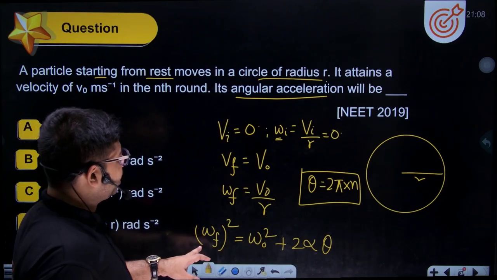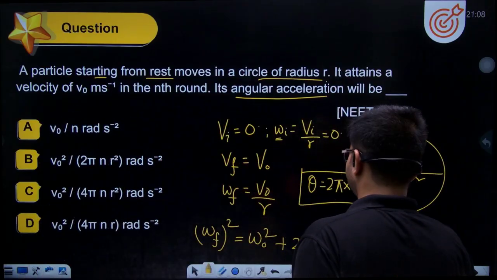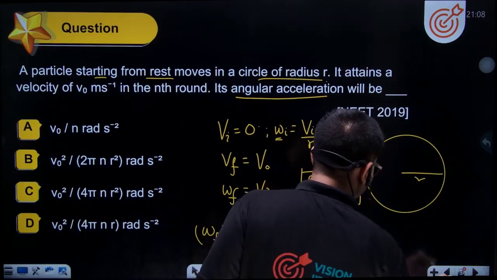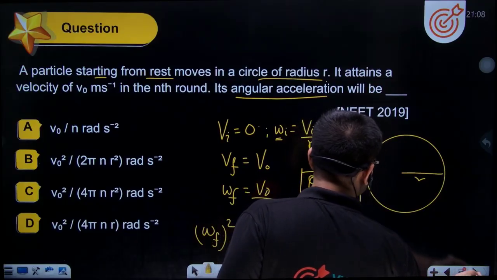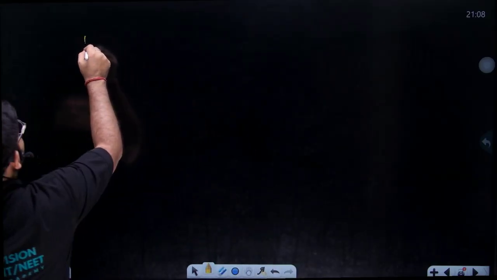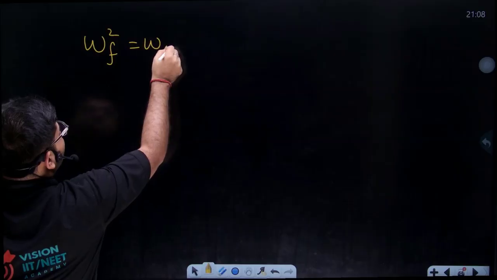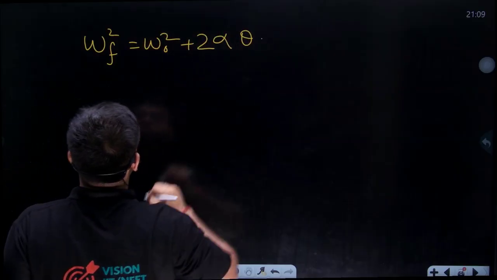Now you put the value: omega f square is equal to omega naught square plus 2 alpha theta.